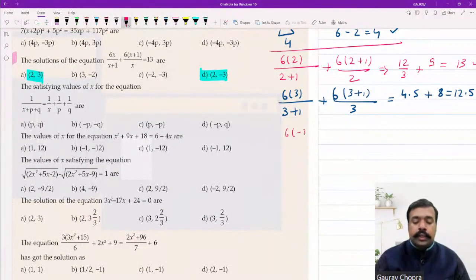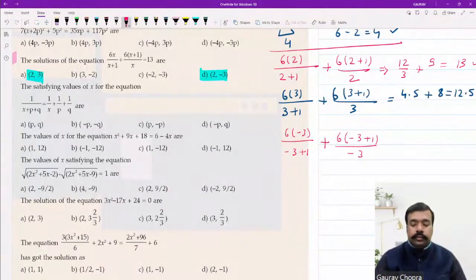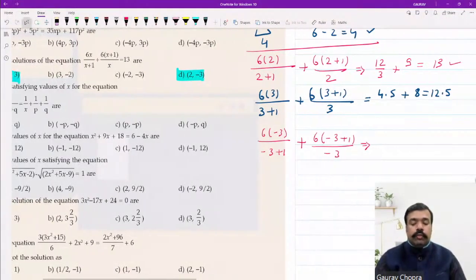6 into minus 3 upon minus 3 plus 1 plus 6 into minus 3 plus 1 and then divided by minus 3. So what we are getting? In numerator, it is minus 18 upon minus 2.